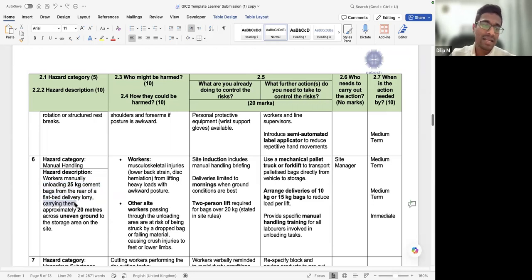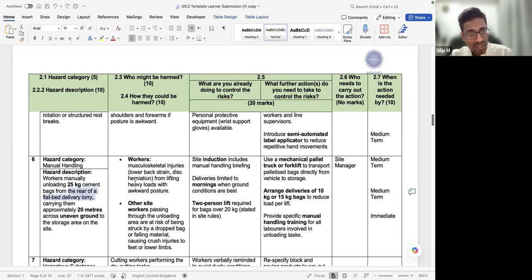The distance that they are carrying is 20 meters across uneven ground to the storage area on this side. So three risk factors identified. One is the weight, second is the distance that they are carrying, and third is the ground conditions which is uneven. And also the load is being lifted from the rear of a flatbed delivery lorry.